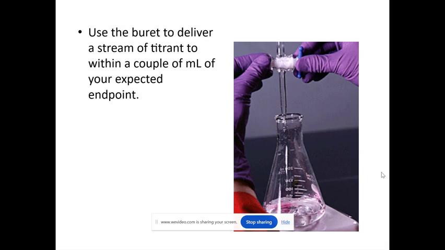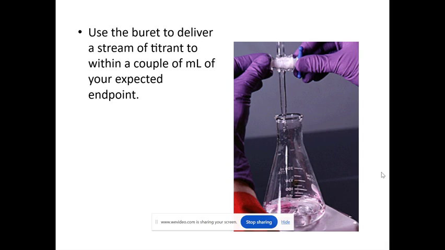Okay. And then use the burette to deliver a stream of the titrant to within a couple of milliliters of your expected endpoint. So you see the tip of the burette is inside the flask a little bit. You need to be really careful at this point because the tip of the burette is the most delicate part.